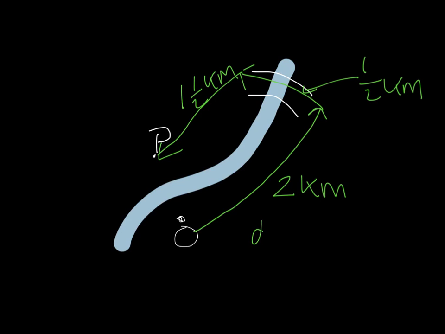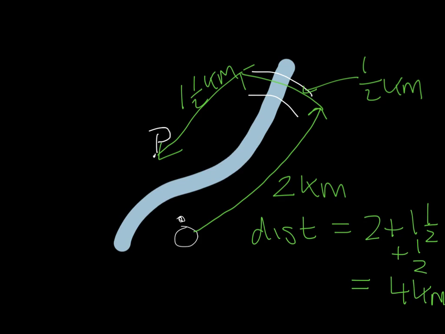The total distance we've walked is 2 plus 1.5 plus a half, which equals 4 kilometres. But the displacement of point P from point O is different. In fact, let's say that it's half a kilometre. The displacement S is half a kilometre.